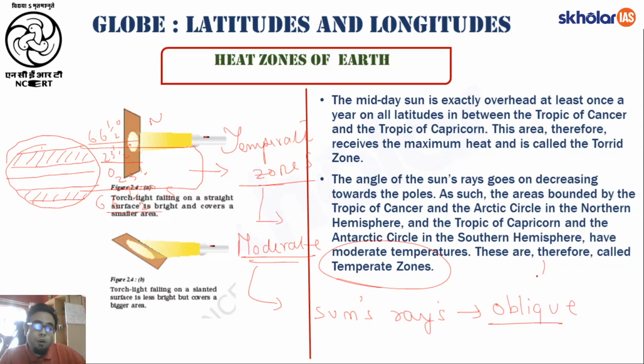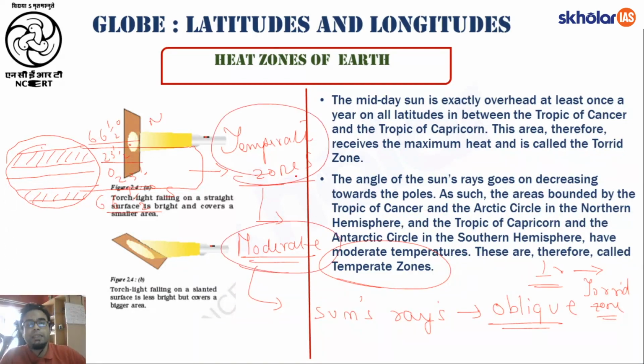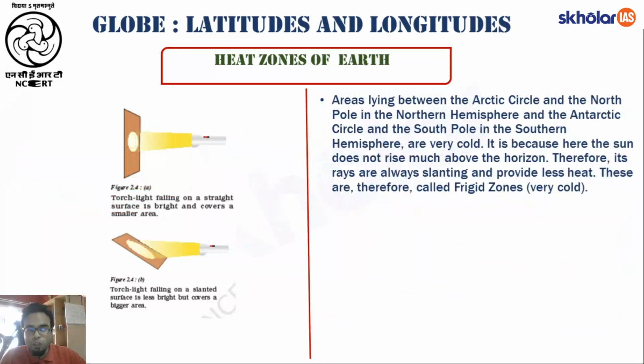Because it is perpendicular where? It is only perpendicular in the torrid zone, if you remember, which is found between the Tropic of Cancer and the Tropic of Capricorn, right? So as we move beyond them, the sun's rays will be oblique, the temperatures will be moderate, and these areas are called your temperate zones, right?